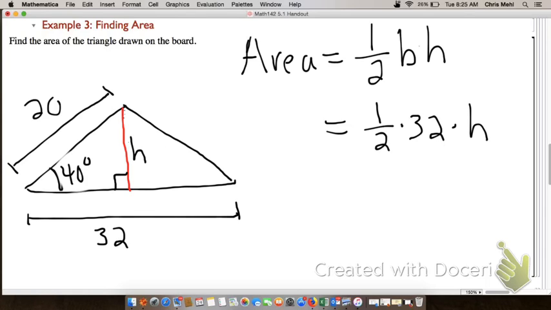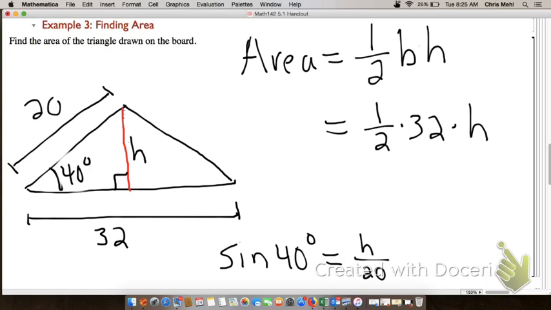One such trig function that's going to do that for us is if we apply sine to this 40 degree angle, it's going to be the length of the opposite side h over the length of the hypotenuse, which I labeled as 20.